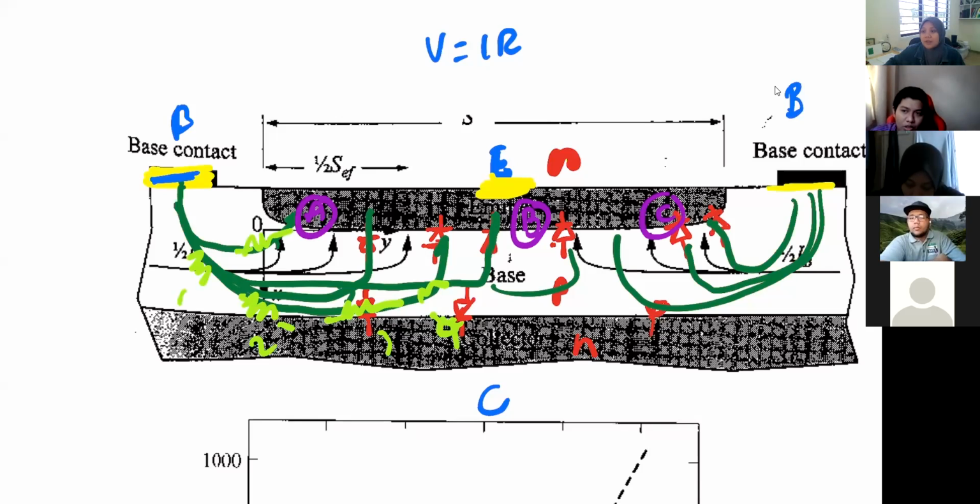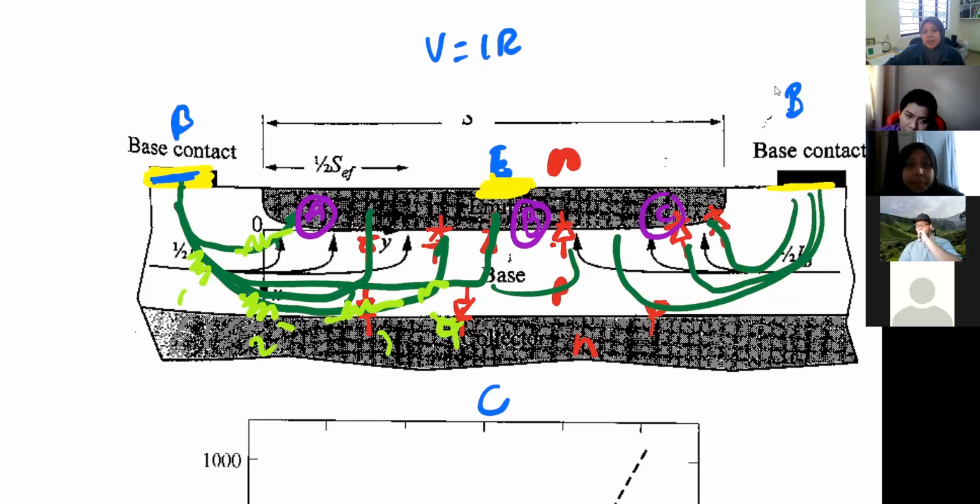Anybody? Saturation. What do you mean by saturation? No? Okay. Think about the current density. Okay, I'm giving a clue on current density.